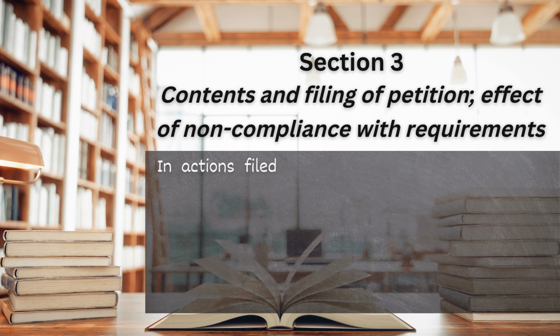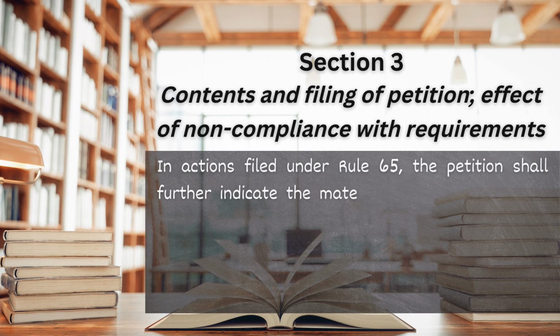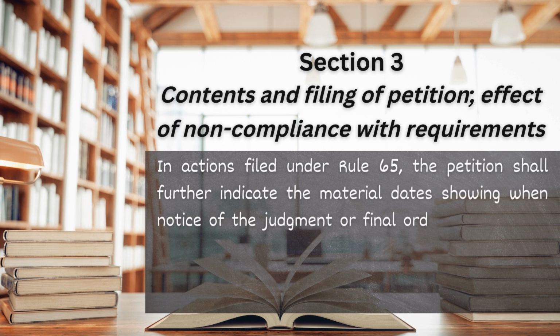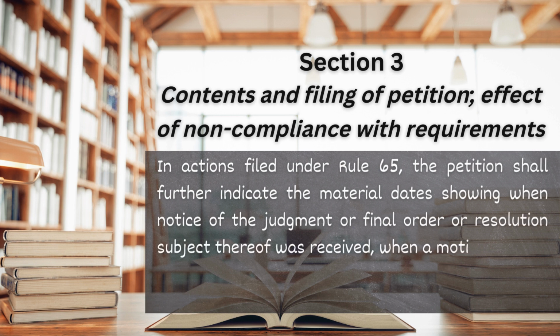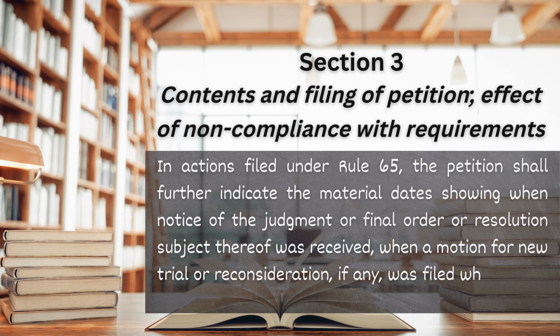In actions filed under Rule 65, the petition shall further indicate the material dates showing when notice of the judgment or final order or resolution subject thereof was received, when a motion for new trial or reconsideration, if any, was filed, and when notice of the denial thereof was received.